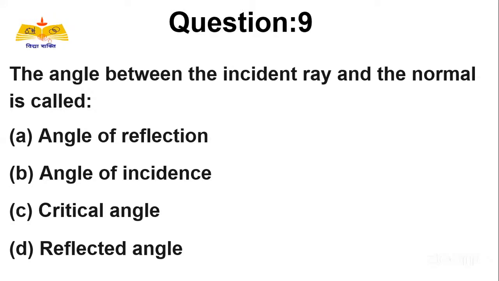The angle between the incident ray and the normal is called A, angle of reflection, B, angle of incidence, C, critical angle, D, reflected angle. The question number 9 is, the angle between the incident ray and the normal is called A, angle of reflection, B, angle of incidence, C, critical angle, D, reflected angle.